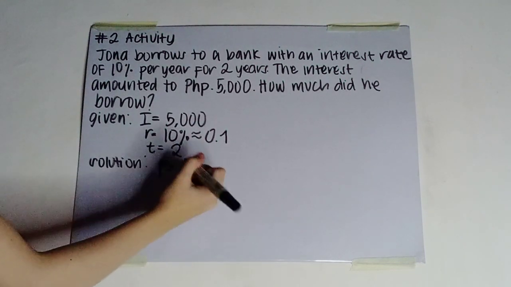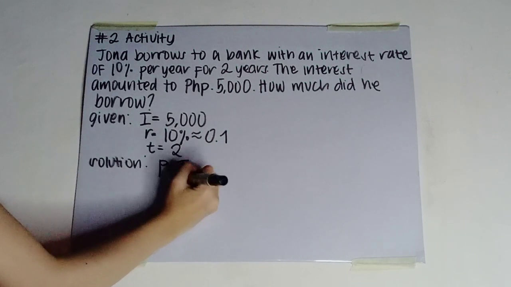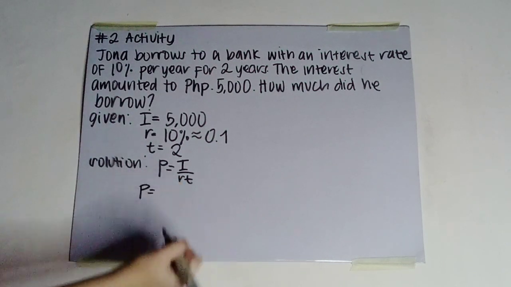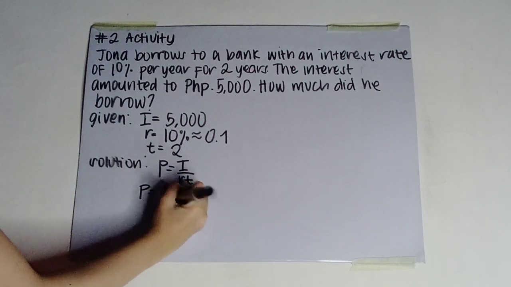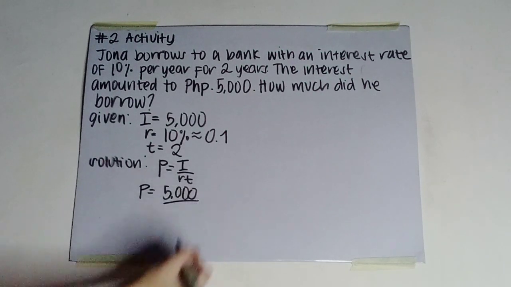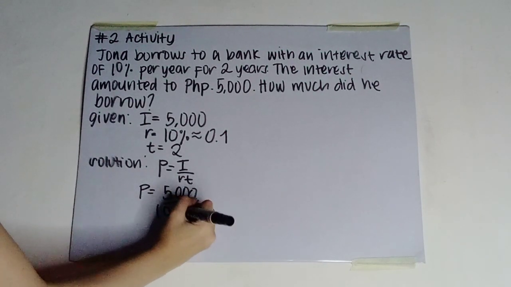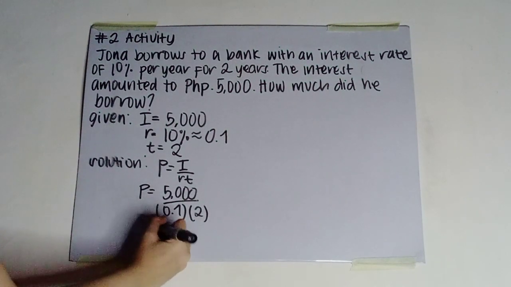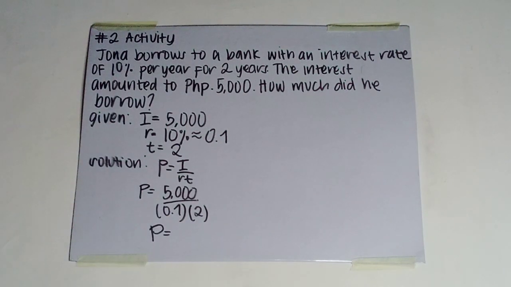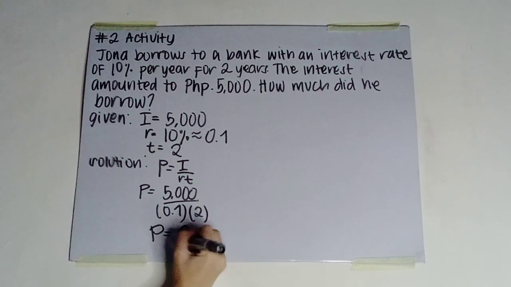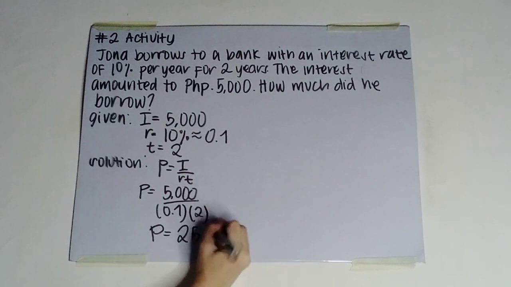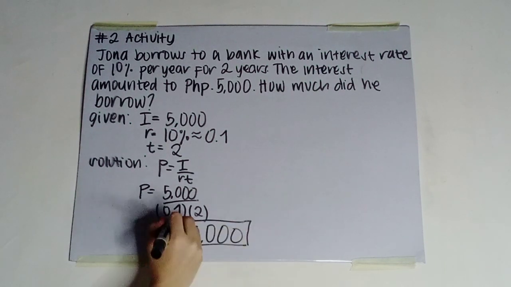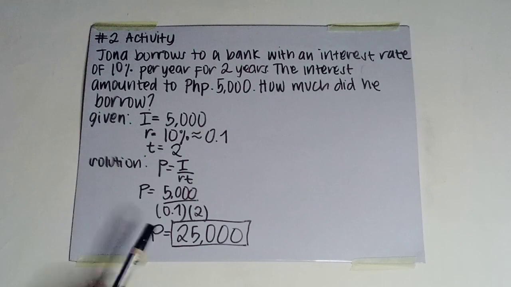So the formula for finding the principal is P equals I divided by R times T. So the interest is 5,000 pesos divided by rate 0.1 times time 2. So 5,000 divided by 0.1 times 2 is equal to 25,000 pesos. So Jonah borrowed 25,000 pesos from a bank.